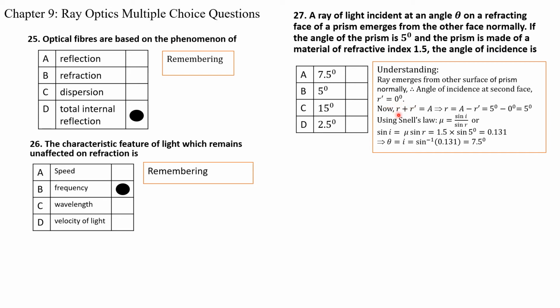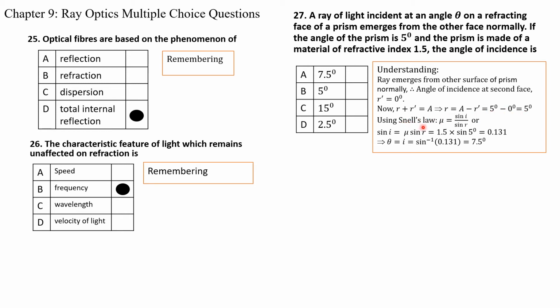Now r plus r dash equals A, the angle of prism. Therefore, r is equal to A minus r dash. A is given as 5 degrees. So r is 5 degrees minus r dash, and r dash at the second face is 0. Therefore r is 5 degrees.